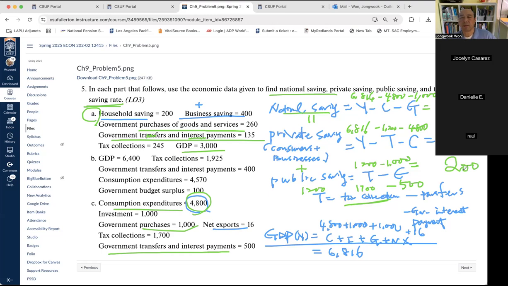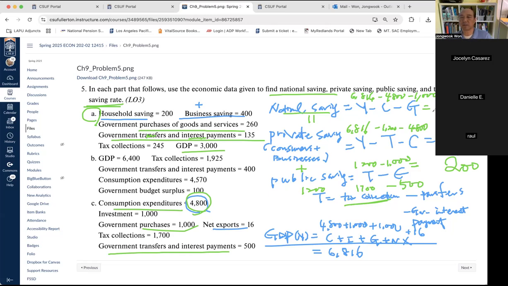And private saving, you solve this one too. That is 6,816 minus 1,200 minus 4,800, that's 16, wait, 816. So national saving, 816 plus 200, is 1,016.